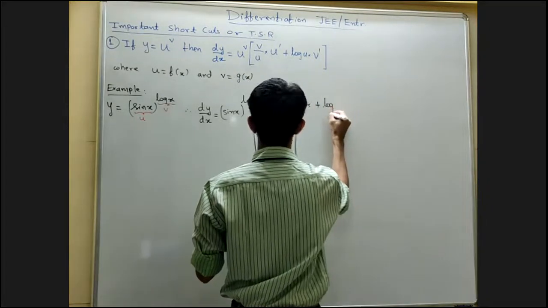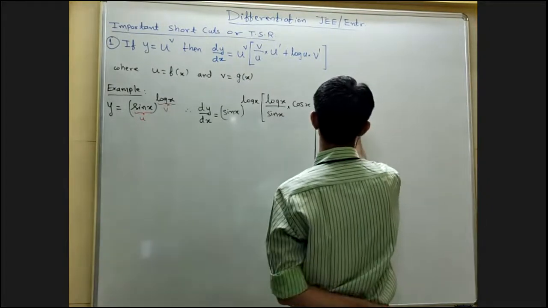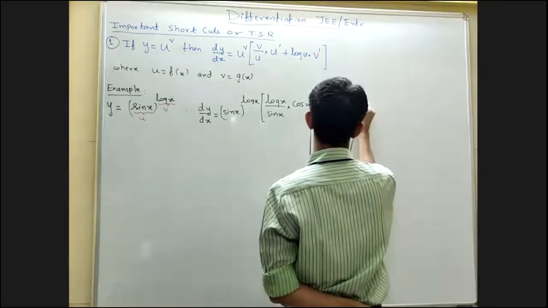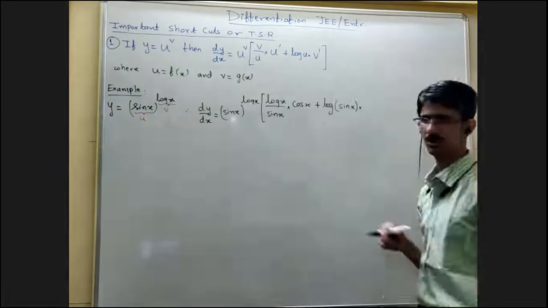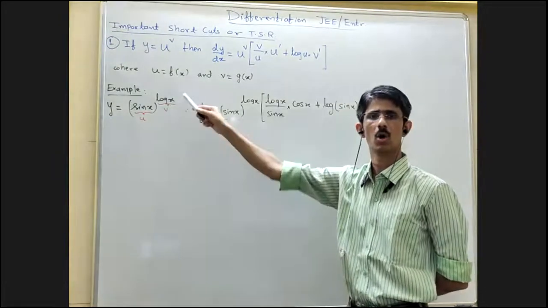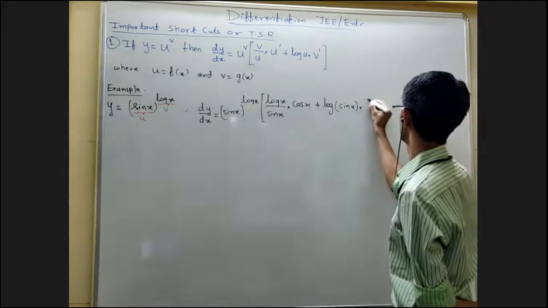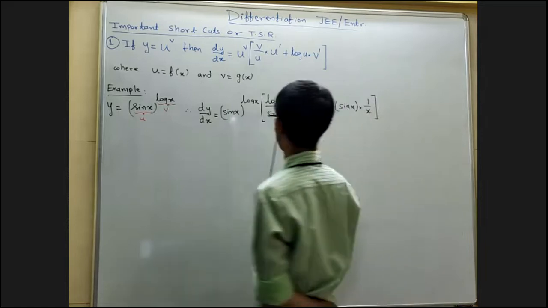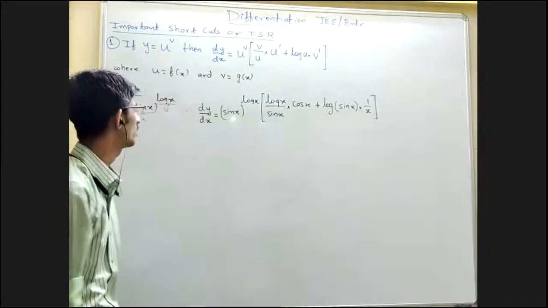So it will be nothing but log of sin x into v dash. तो यहाँ पे v क्या है? log x है. log x का derivative is nothing but 1 by x. Close the bracket. At the maximum इसको हम rearrange कर सकते हैं.